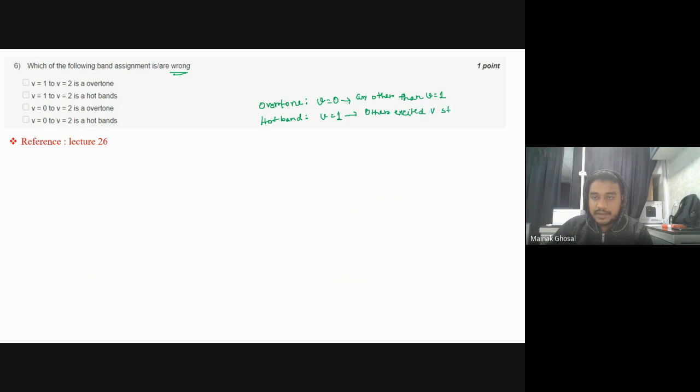That means for a hot band, you need your molecule to be in the v equals 1 state. From that, it can go to any other energy state.